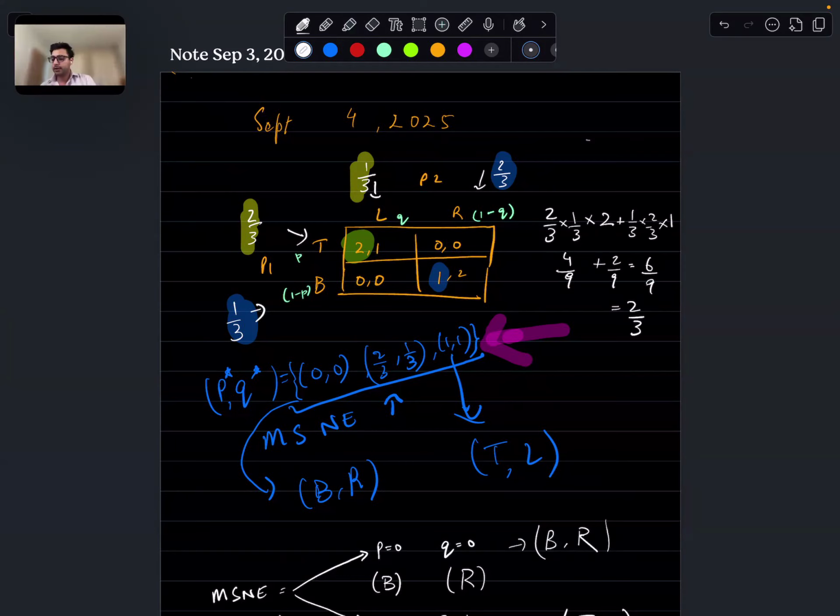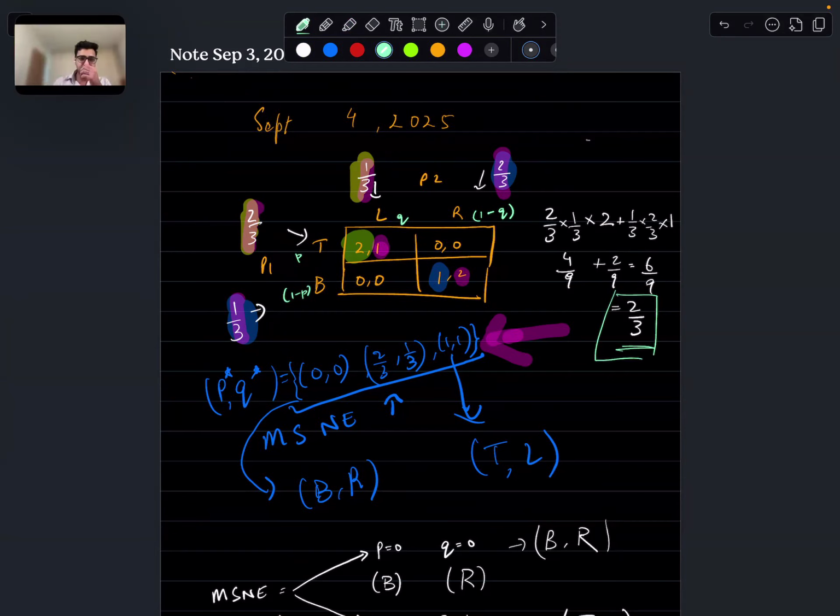If you do the same exercise for player 2, you'll find that player 2 earns this 1 with a probability again of 2/3 times 1/3, and this 2 with a probability of 1/3 times 2/3, which will again lead to the exact same number of 2/3.